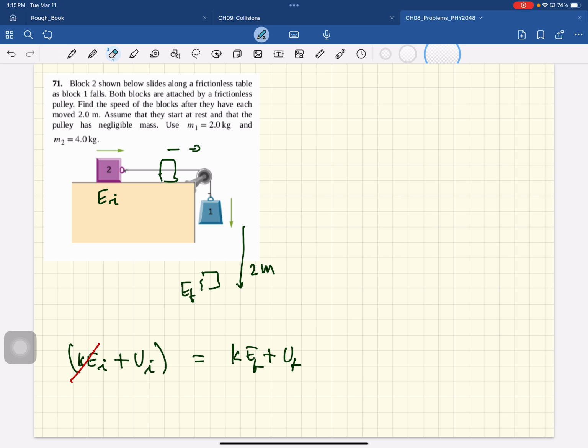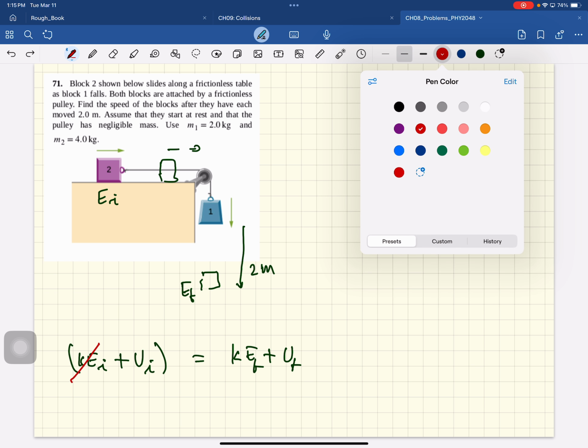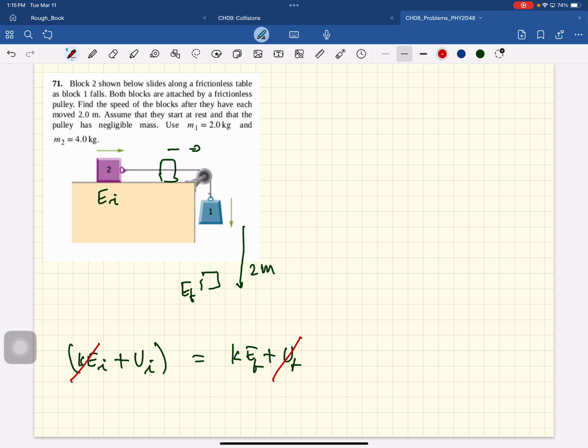So what is happening? The potential energy of this guy got converted into the kinetic energy of both the guys. So initial potential energy m1 g y initial equals 1/2 m2 v square, their speeds are the same, plus 1/2 m1 v square.